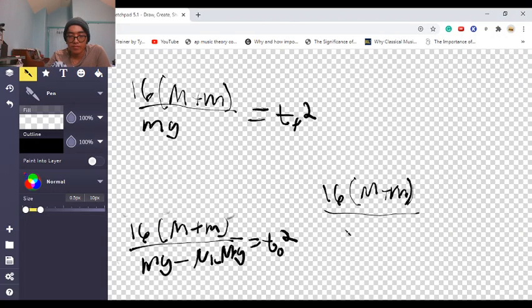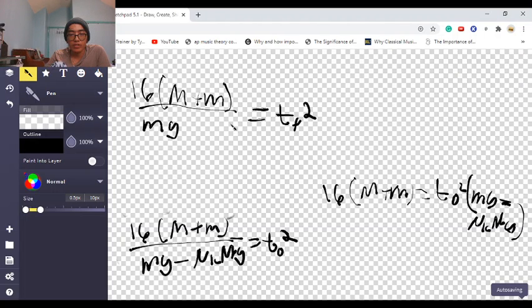16 over m would equal t initial squared multiplied by this denominator right here, mg minus ukmg, right?